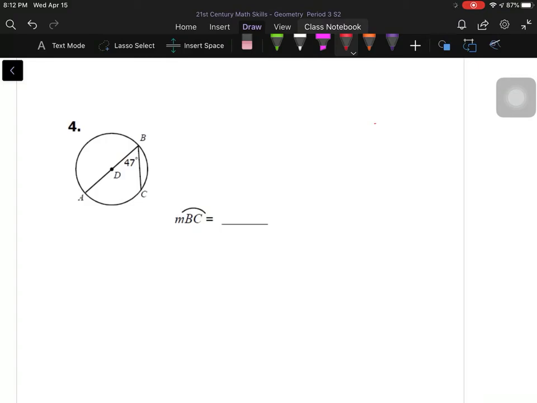Now, this one is asking for this arc. So we got to be careful here. If I double the 47, that's 94 degrees, but that's not the arc that I'm looking for. Because of the half circle, I take 180 minus 94, or if you think of it, 94 plus what equals 180.